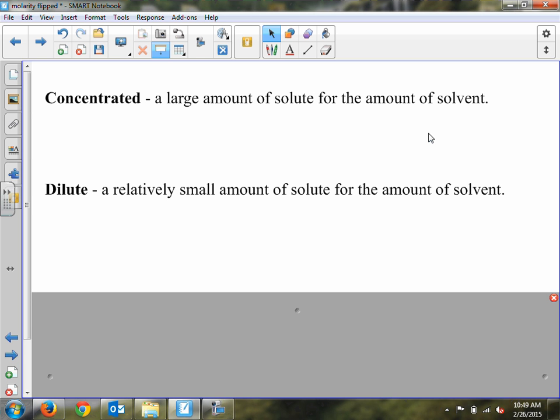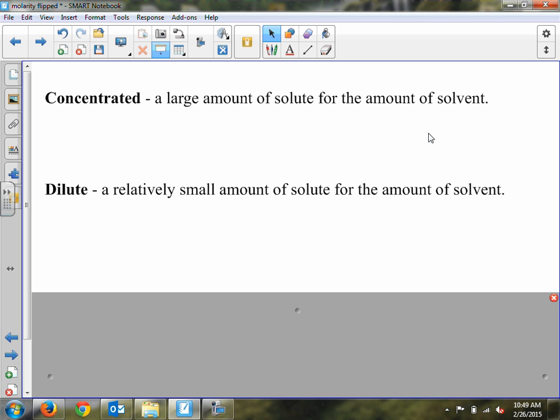If I have 1 gram of sugar in 100 grams of water, would you say that is dilute or concentrated? Most would say that's not very much, so 1 gram in 100 is dilute. How about 100 grams of sugar in 100 grams of water?